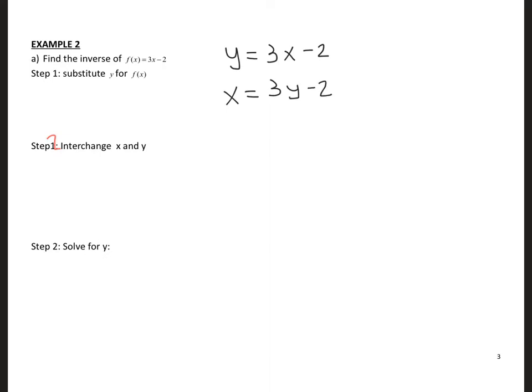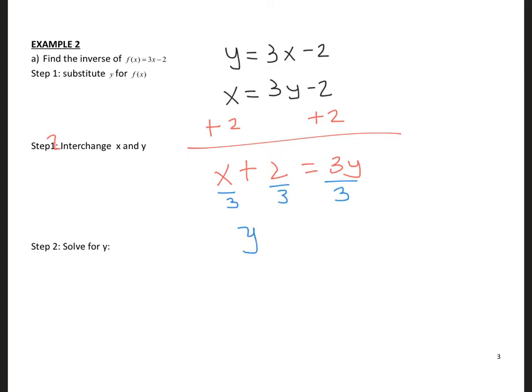Then the next step is to solve for y. I'm going to do that by adding 2 on both sides. When I have done that, I get x plus 2 is equal to 3y. And then my last step is going to be dividing everything by 3.